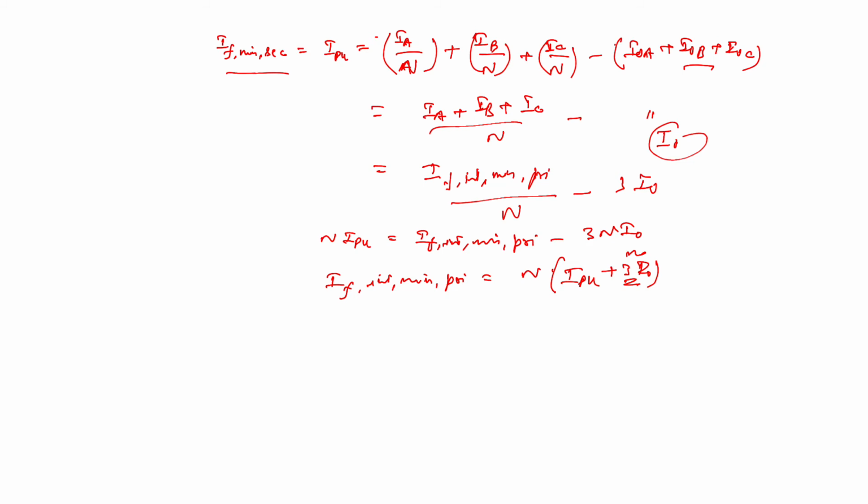Now what is the stability ratio of high impedance busbar differential protection? The stability ratio is defined as the ratio of the maximum external fault current for which the scheme remains stable to the minimum internal fault current for which it operates.